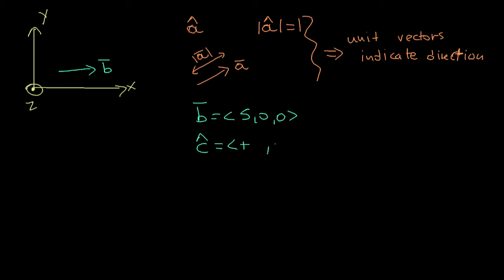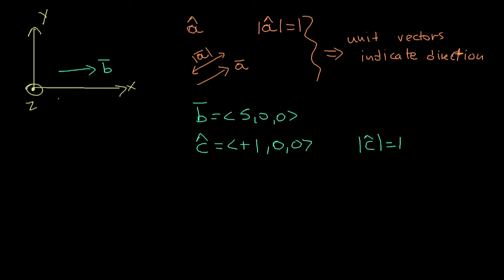Now, I know, since the vector points in the positive x direction, that this has to be 0, and the z component will also have to be 0. So only the x component is positive, and the magnitude of this unit vector has to be 1. This means that your x component has to be plus 1.